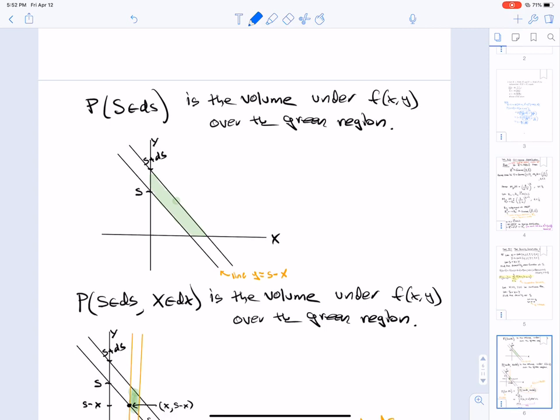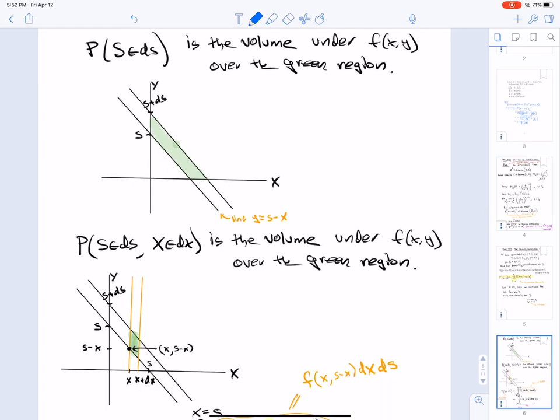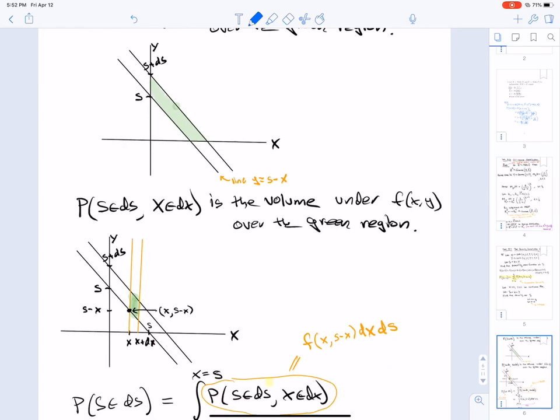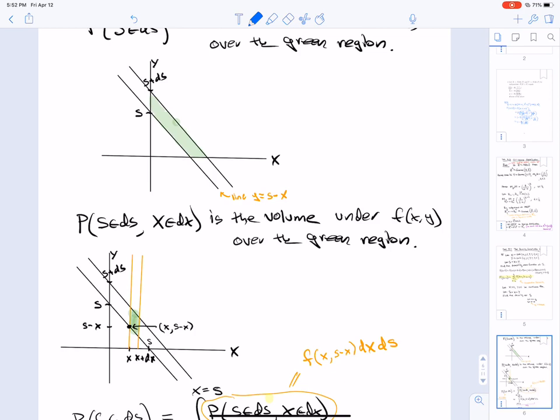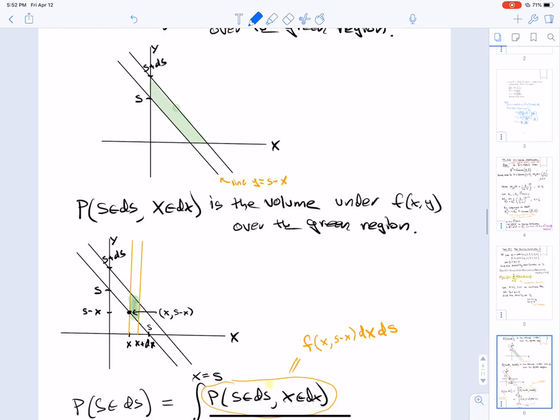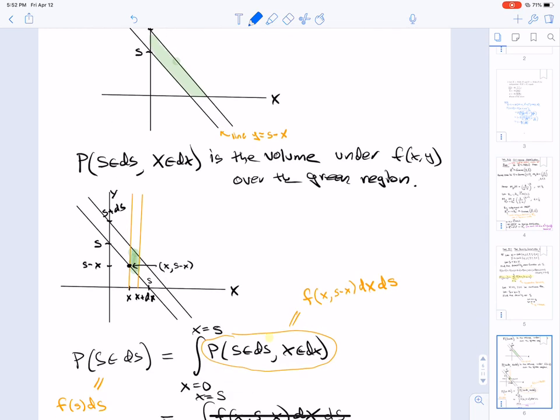So the probability that s is in ds would be the volume under the joint density over the shaded green region here, and the probability that s is in ds, x is in dx, is the volume under the joint density over the green region shown in this picture.